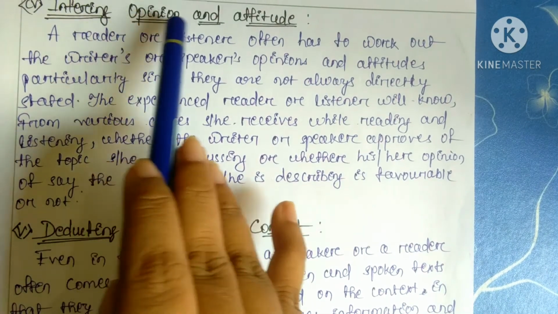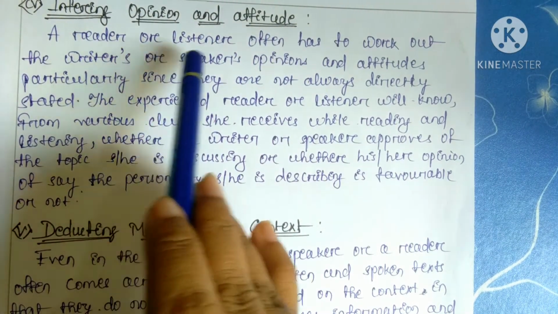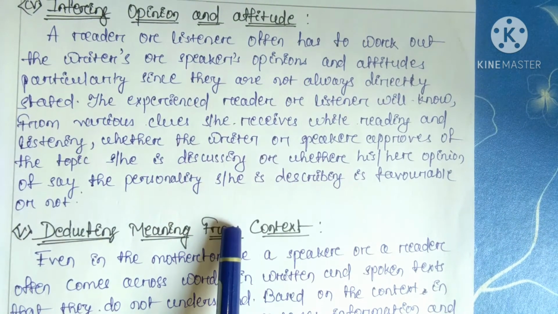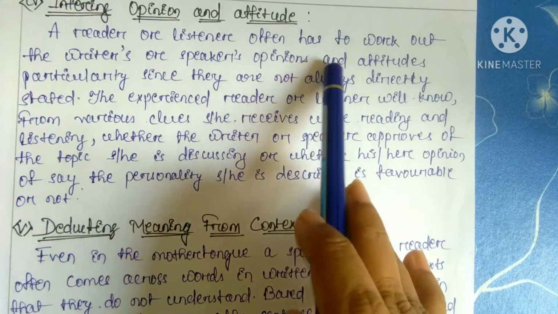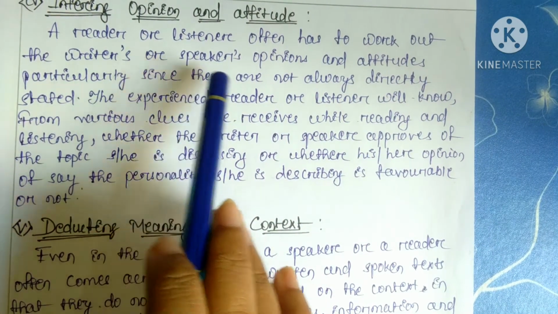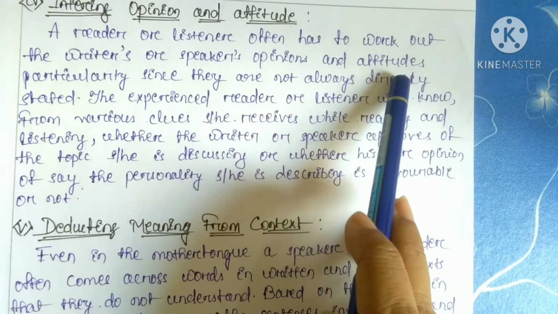Here, in inferring opinion and attitude, whether it is a paragraph or a tape recording, the reader or listener often has to work out the writer's or speaker's opinions and attitudes.